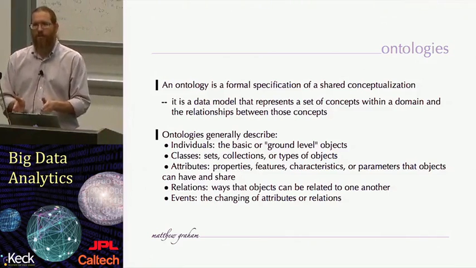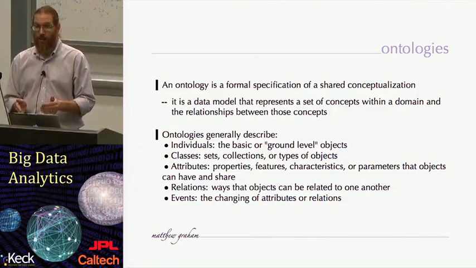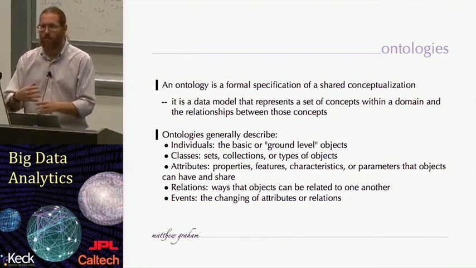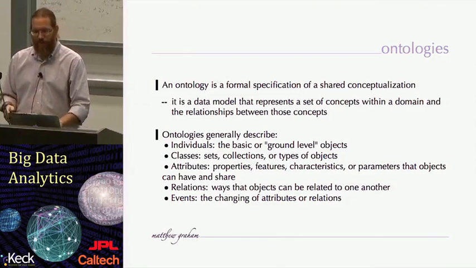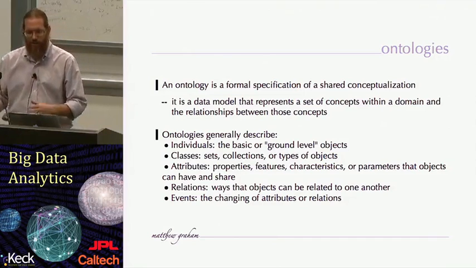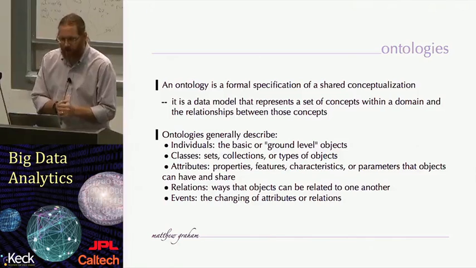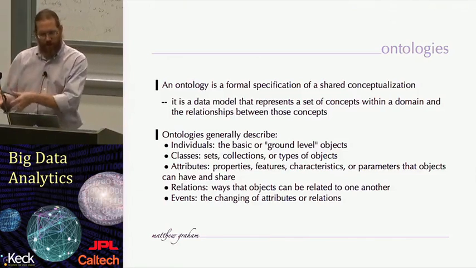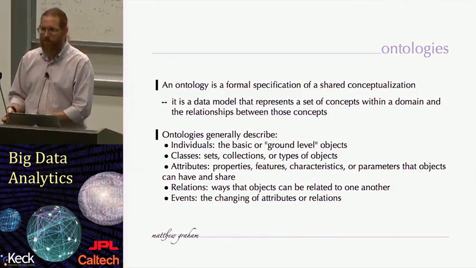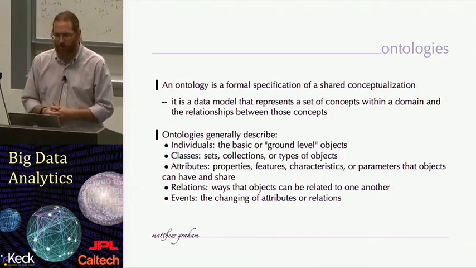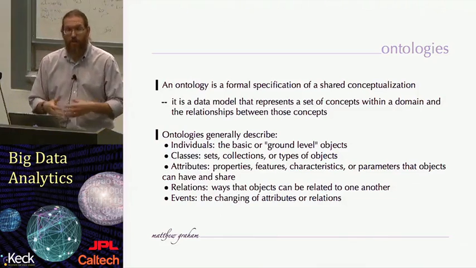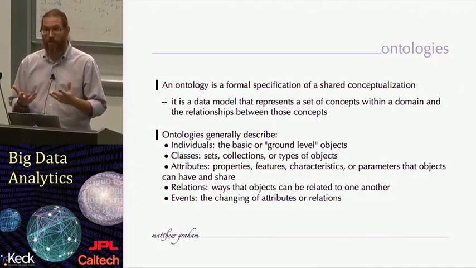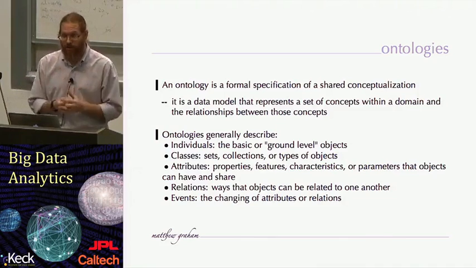So you're not limited in the types of relationships that you can have to just hierarchical or whatever. You can have any type of relationship, and you can identify those and encode those. So ontologies generally describe individuals, which are the ground-level objects, the individual facts that you may be trying to represent. They will describe classes, and if you're familiar with object-oriented programming, then that should make some degree of sense.